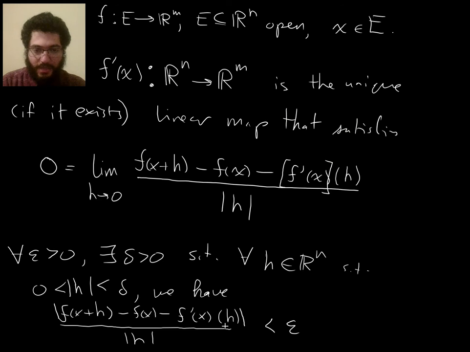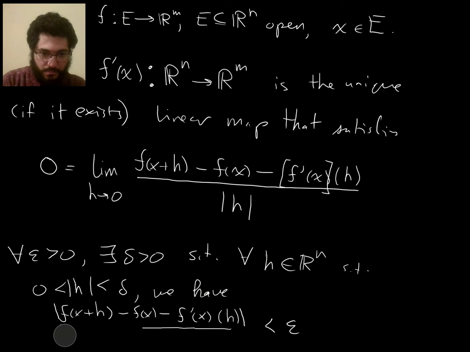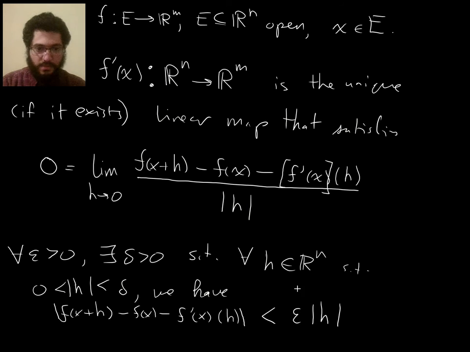This is equivalent to what I had written, and then let me multiply both sides by norm h. And recenter this. Then this is the epsilon delta way of saying things.